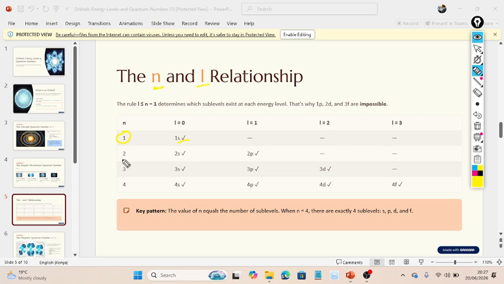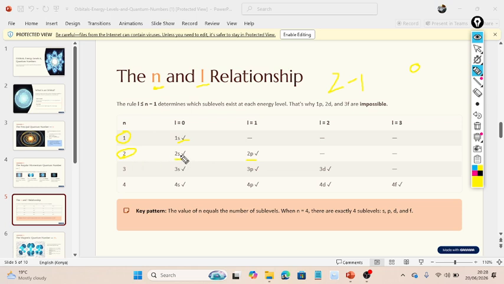When we move to a higher energy level, for example, energy level number 2, our l will range up to n minus 1, which is 2 minus 1, which is what? 1. Meaning we'll have two subshell levels, a 2s and a 2p, within energy level number 2.